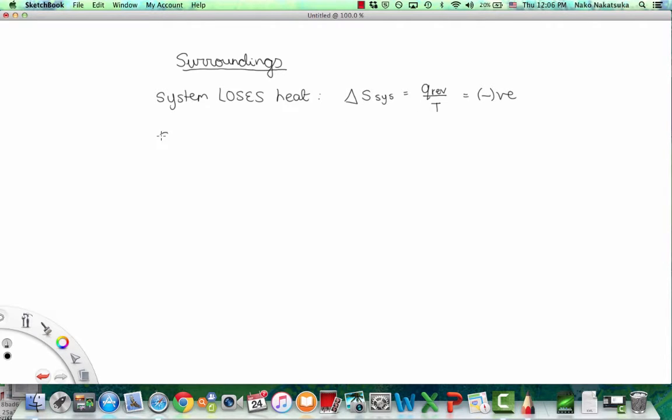On the other hand, in this case, the surroundings gain heat. So the delta S of the surroundings is equal to the reversible heat over temperature, and it's going to be positive. So as you can see, the sign of delta S depends on the direction of heat flow.